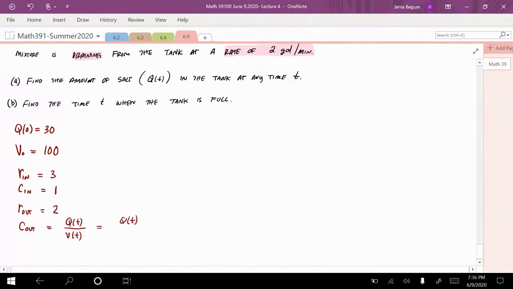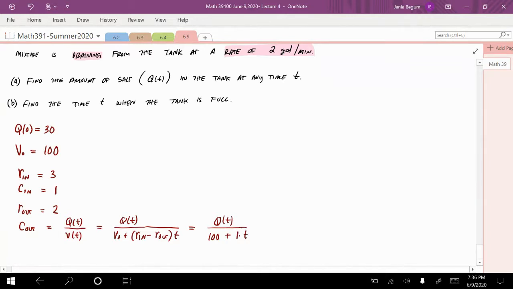Well, we don't know. We're looking for it. Well, V of T is the linear function, so it's the initial amount plus rate in minus rate out times T, which we will modify to this formula. V of T is going to be initial volume, which is 100, plus, so rate in is 3, rate out is 2, so that's 3 minus 2, that's 1, times T.